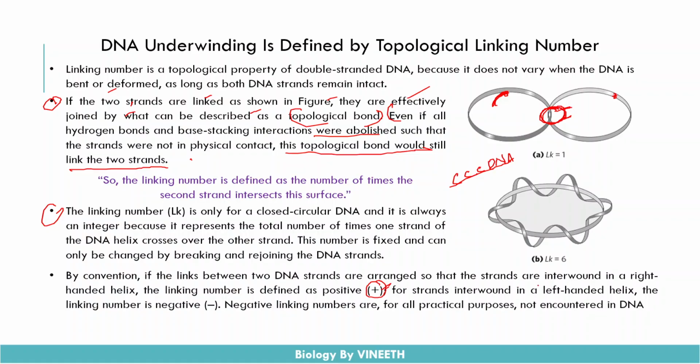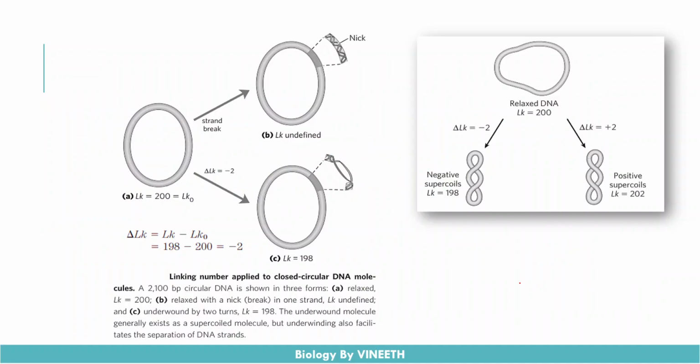If we remove helical turns, the linking number becomes negative. If we introduce extra helical turns, the linking number becomes positive.